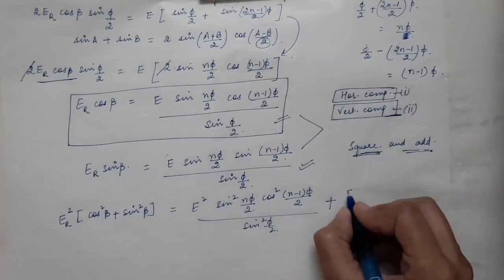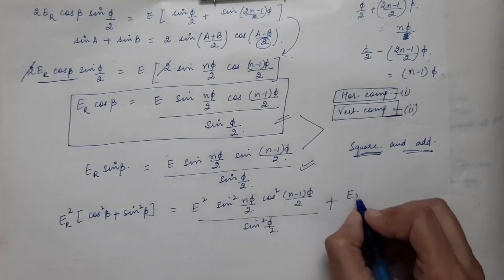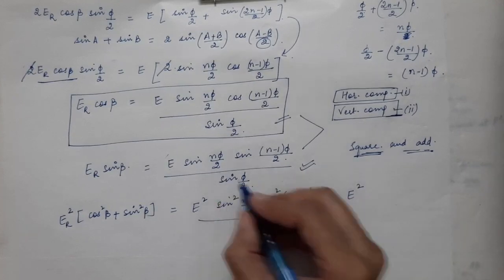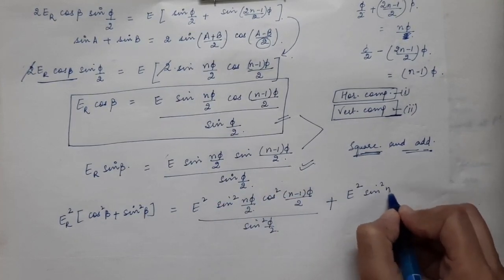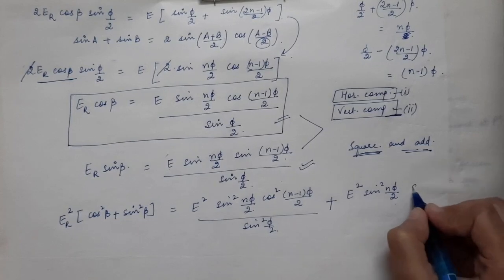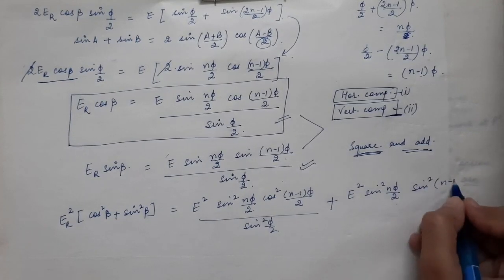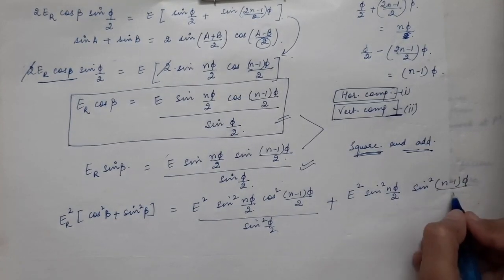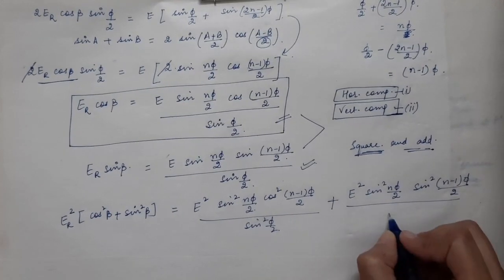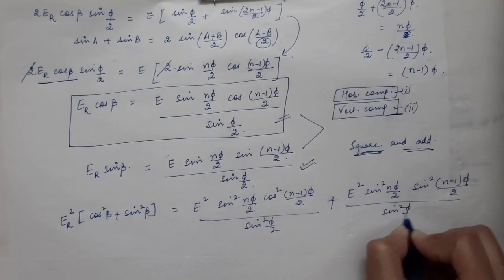Square of this will be E square sin square n phi divided by 2, then sin square n minus 1 phi divided by 2, whole divided by sin square phi by 2.